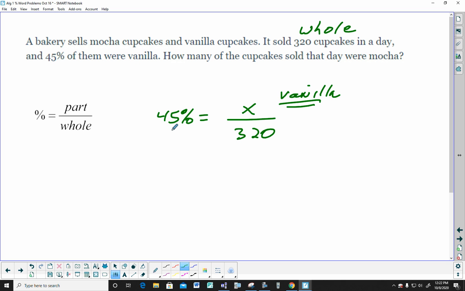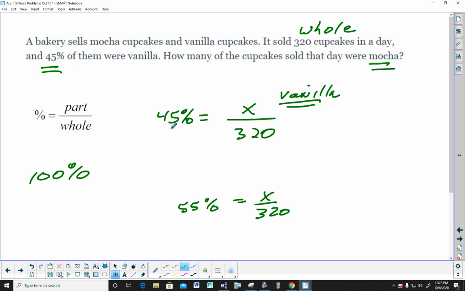Or if 45% were vanilla, weren't 55% mocha? Make sure that you're using the percent for the flavor that they're interested in. They're going to try and trick you like that. How'd I get the 55? Well, 100% is all of it.